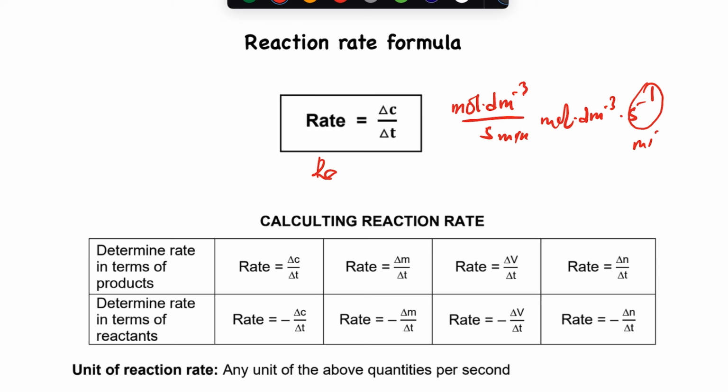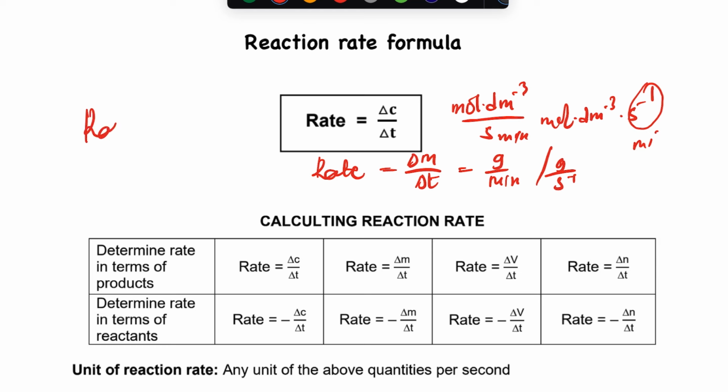Let's say our rate is now change in mass; it depends on what substance we are talking about. Change in mass will be gram per minute or gram per second, it doesn't matter.